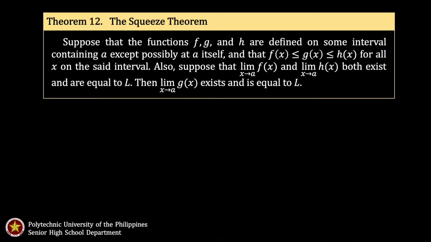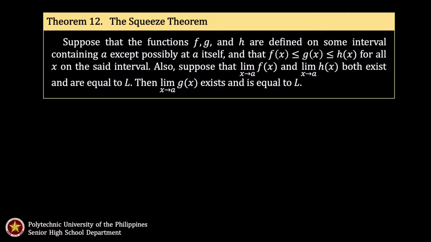Now let us state this theorem, labeled as theorem number 12. Squeeze Theorem. Suppose that the functions f, g, and h are defined on some interval containing a, except possibly at a itself, and that g of x is greater than or equal to f of x but less than or equal to h of x for all x on the said interval.